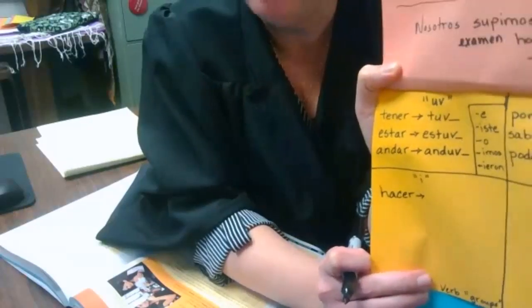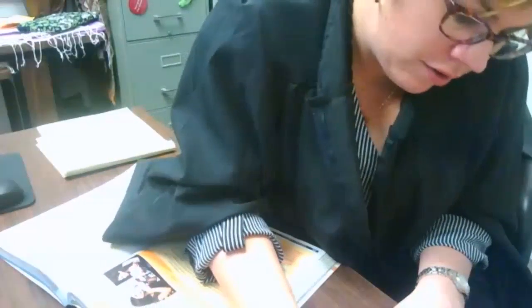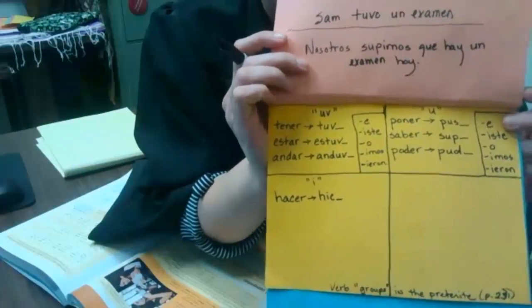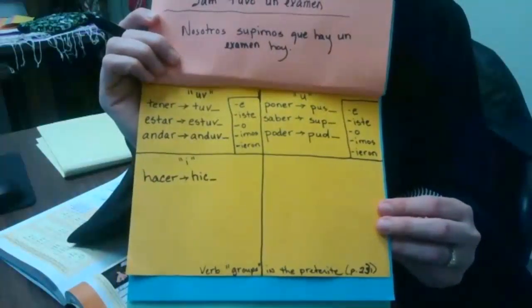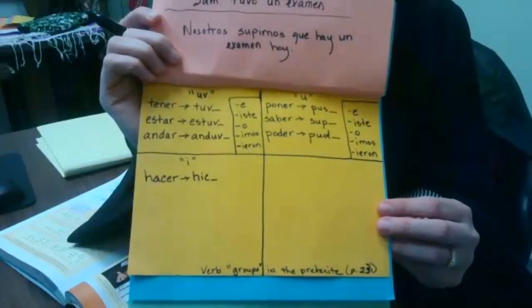It gets a totally new stem. And its new stem is H-I-C. And remember, H in Spanish is silent. So we're really going to pronounce that as "is."